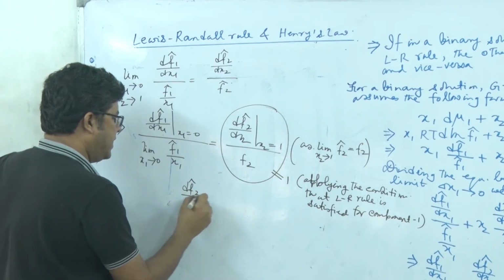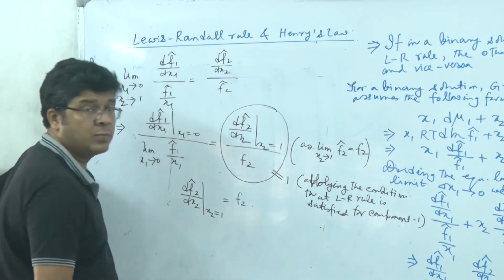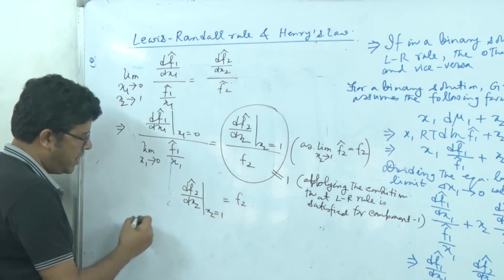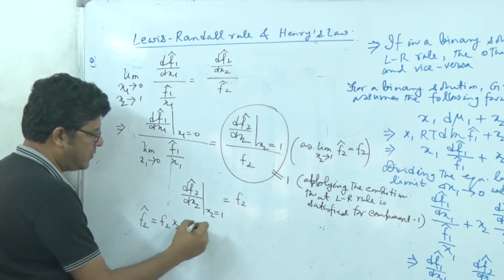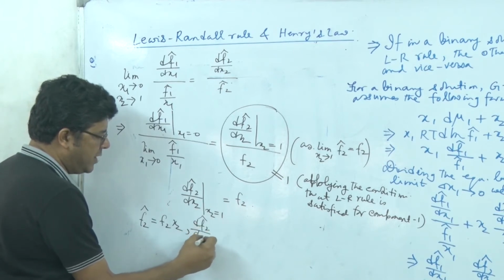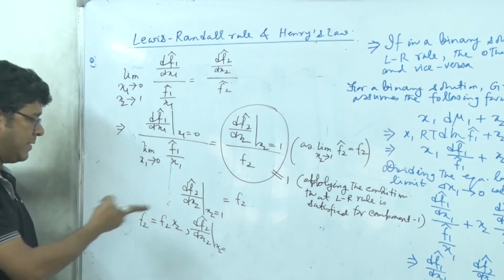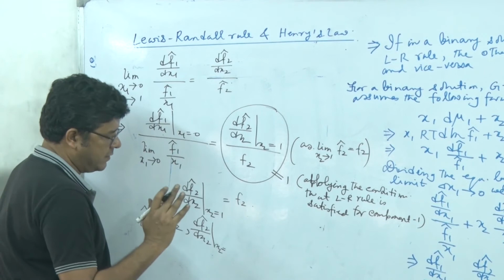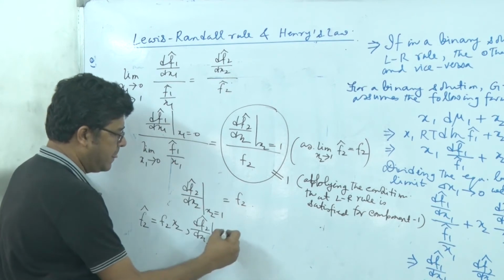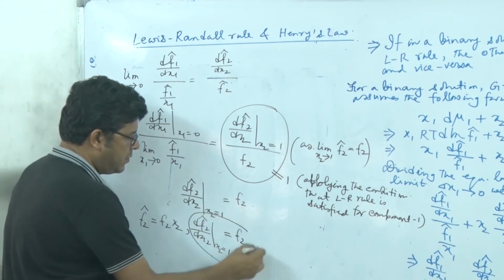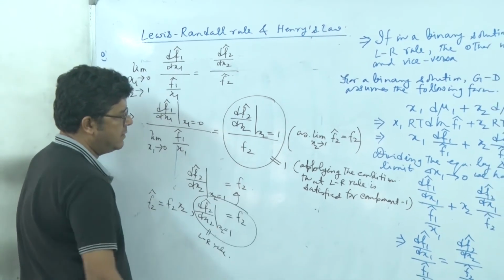Because it gives you that df2 cap dx2 at x2 equal to 1 is f2, right? And what is LR rule? If component 2 satisfies LR rule, f2 cap is equal to f2 into x2. So df2 cap dx2, obviously LR rule is not valid for real solution, it will be valid in the near purity state, that is x2 tending to 1, is equal to f2. So this is basically an alternate form of LR rule which is being satisfied, right?